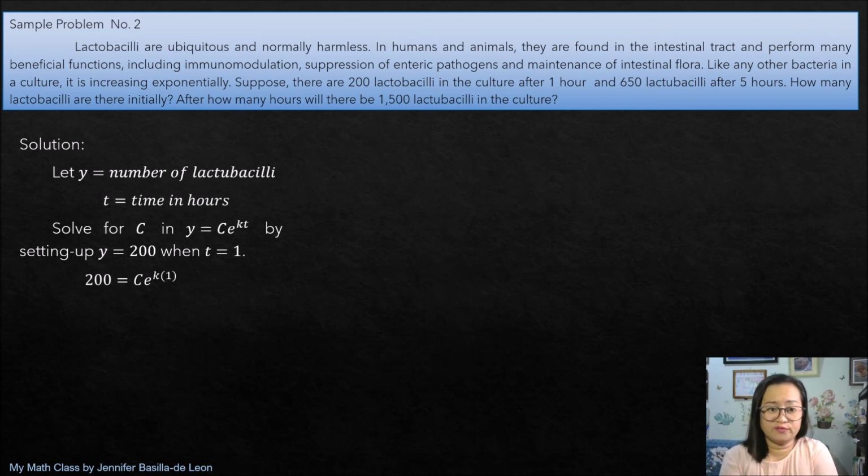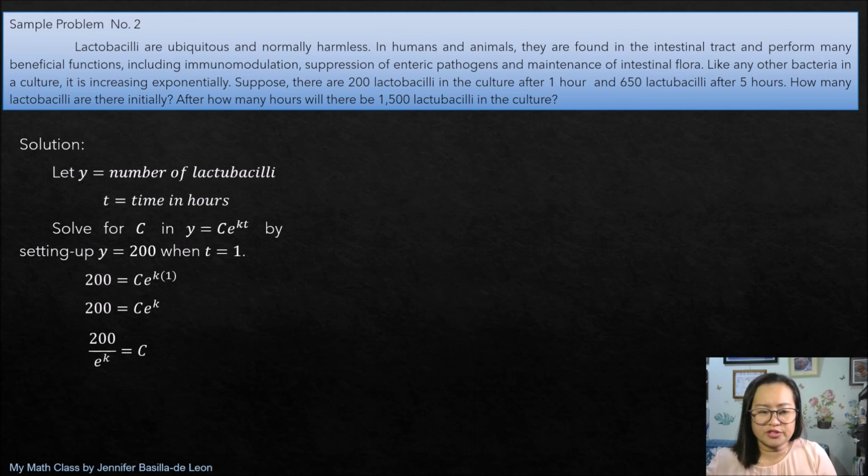We will solve for the initial number of lactobacilli, so we set up y equals 200 when t is equal to 1. Substituting it in the equation, we will have 200 equals Ce^(k·1). We can simplify further, so the equation would be 200 equals Ce^k.